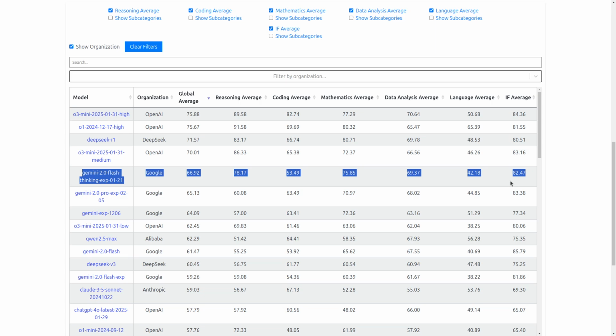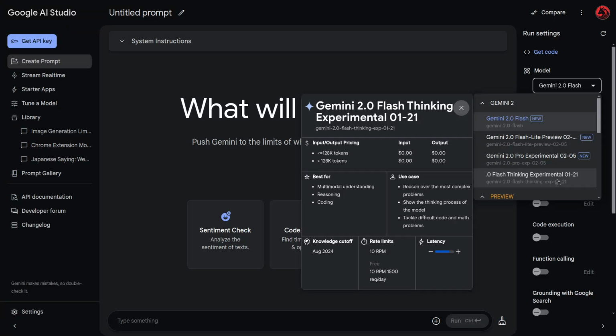A very slight detour: the Gemini 2 Flash thinking is actually extremely powerful as well. Albeit it's not released, but you can use it 10 times per minute for free. Still, I would not recommend using it for a real project for now.